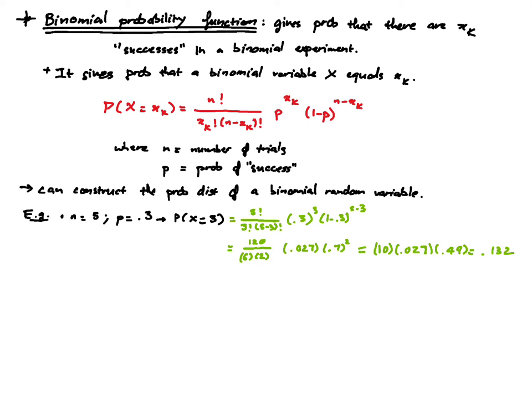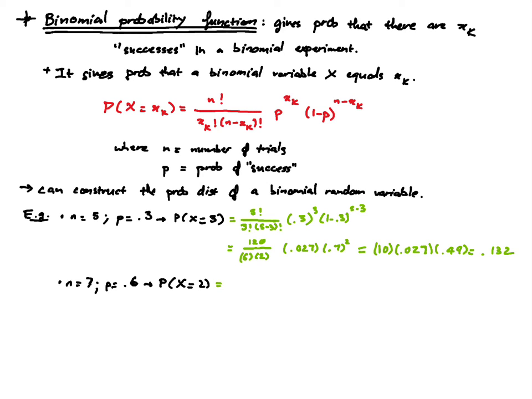Let's do another example. Let's look at a situation where n is equal to 7, p is equal to 0.6, and we want to find the probability that x is equal to 2. Again, we apply the formula.